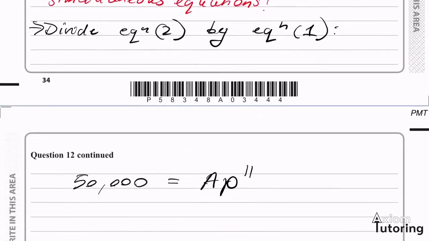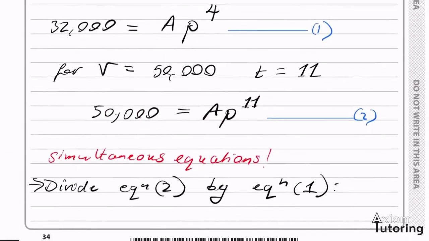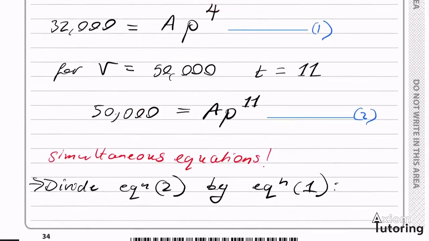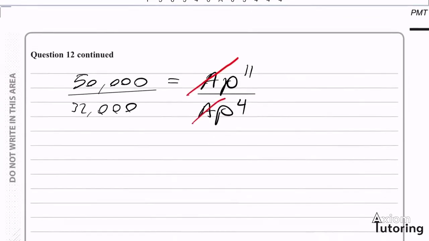So it's going to look like 50,000 over 32,000 on the left-hand side. And on the right-hand side, it's going to be over A times P to the power of 4. So we can clearly see here, our A constant cancels. On the left, we have 50 over 32. Obviously, the zeros cancel.